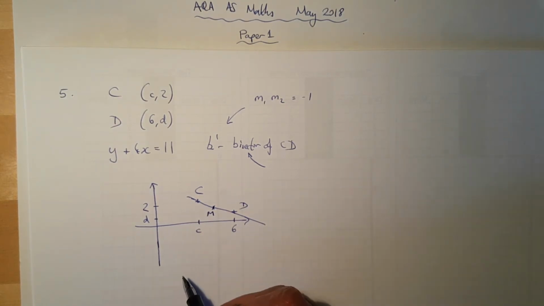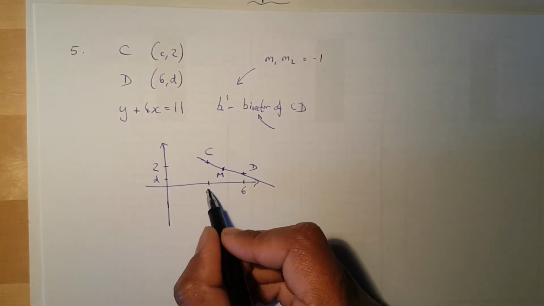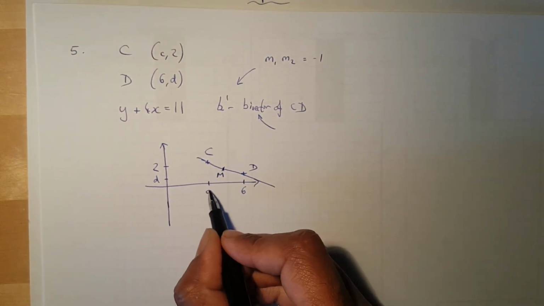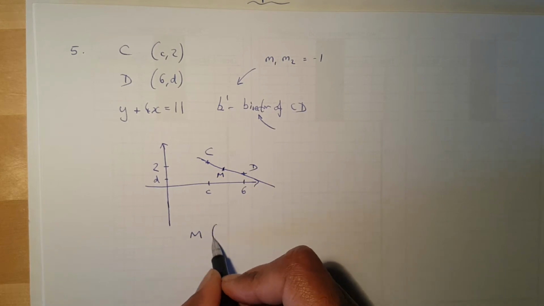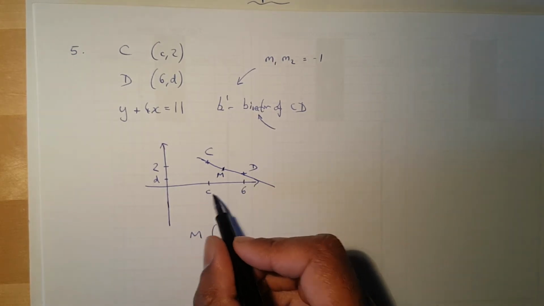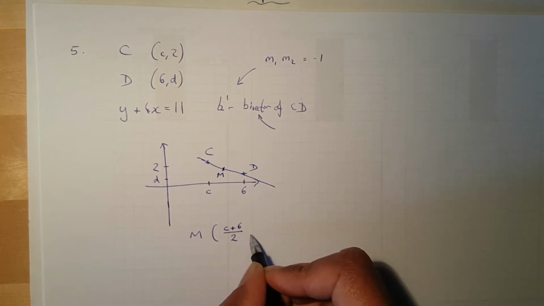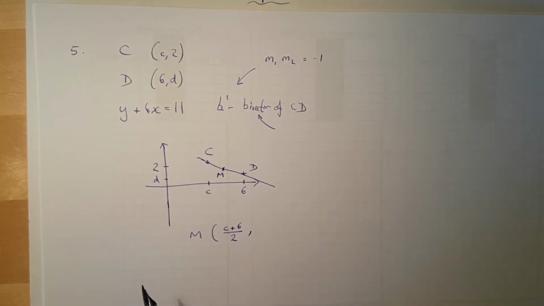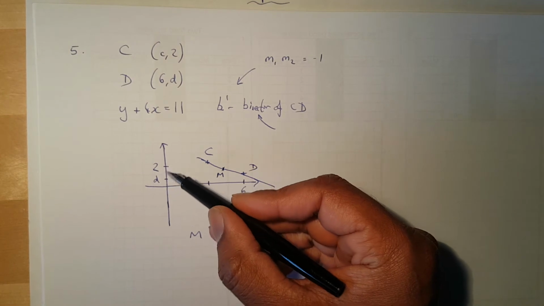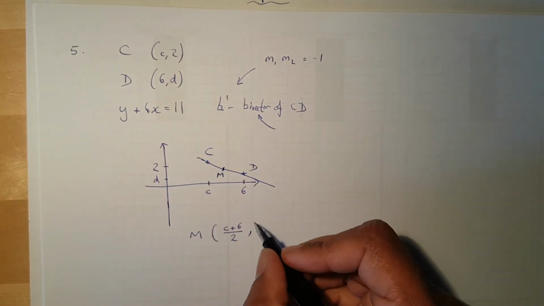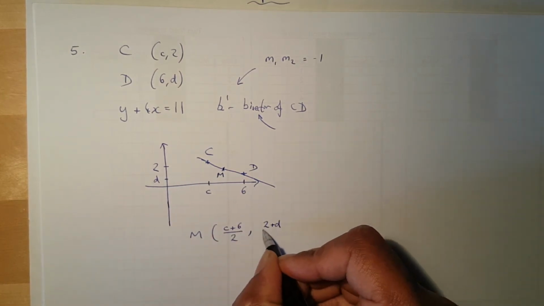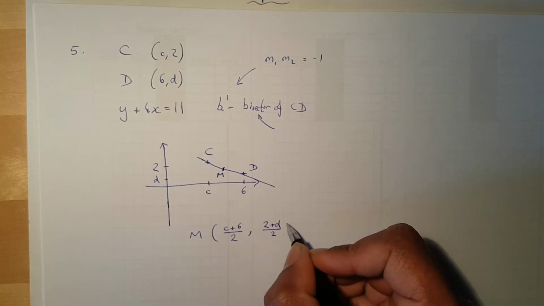So where's that midpoint M? What coordinate does M have? Well, the x coordinate is halfway between c and 6. So M is at, well, what's halfway between c and 6? It's (c + 6) over 2. And the y coordinate, or the vertical component, is going to be halfway between 2 and d: (2 + d) over 2.